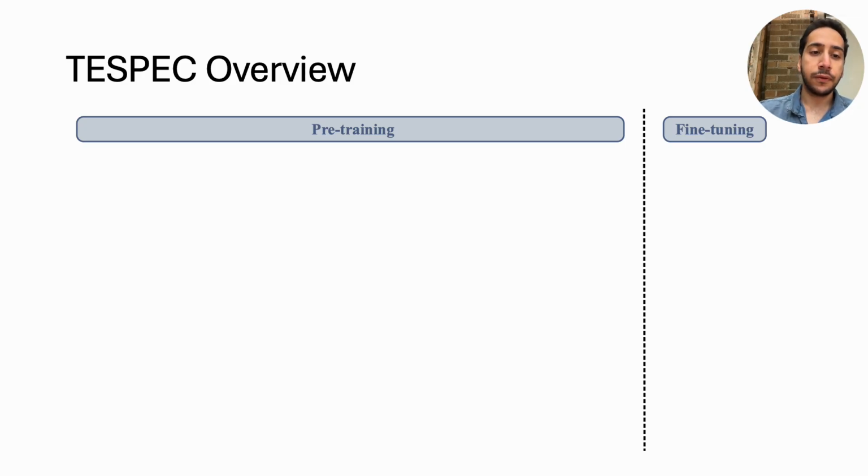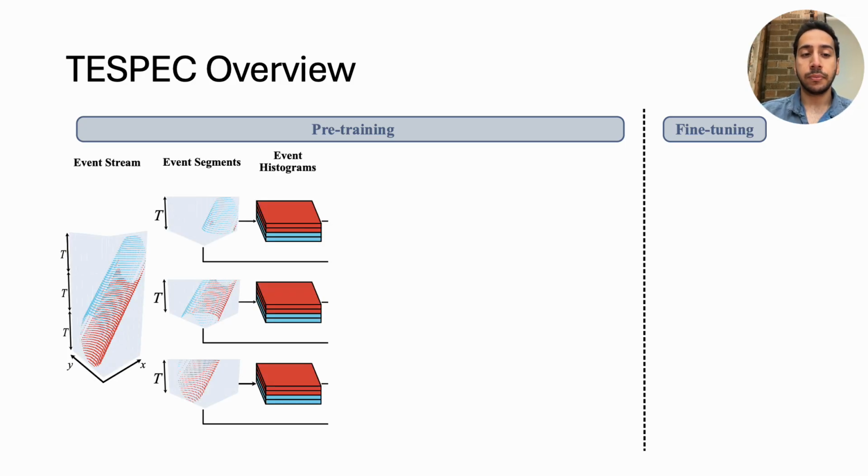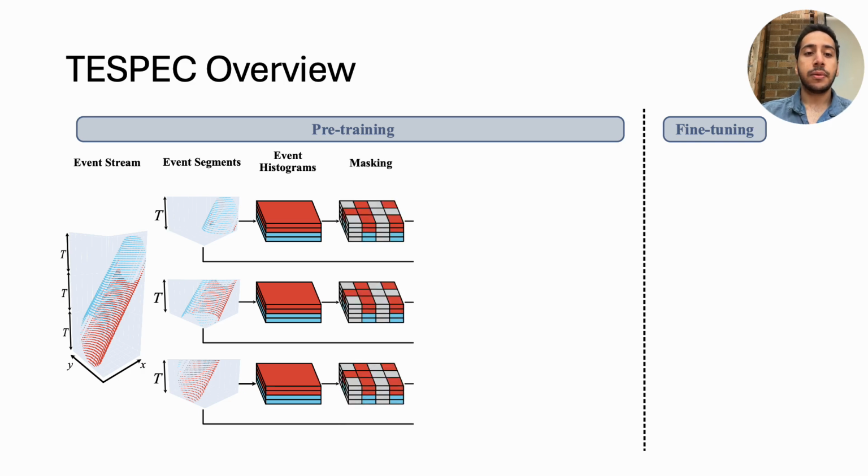Now it's time to introduce our pre-training paradigm. The first step is to process the stream. We divide the stream into non-overlapping segments and we convert every segment into histograms. The next step is masking the representation. So we make sure we are using tube masking so we don't have any information leak.